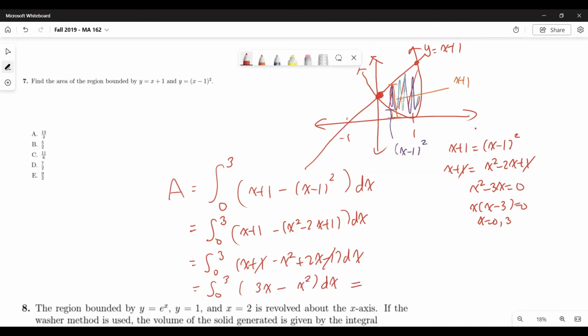So if you evaluate it, we get 3x squared over 2 minus x cubed over 3 from 0 to 3. This becomes 3 times 9 over 2 minus 9, so this is 27 over 2 minus 9. This is the same as 9 over 2. So the answer is E.